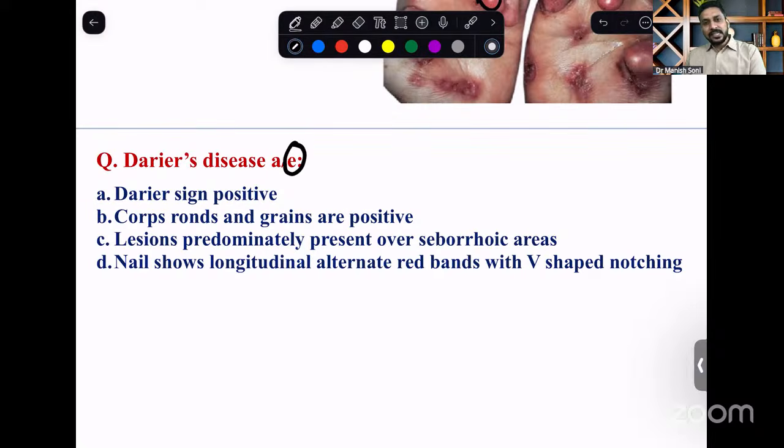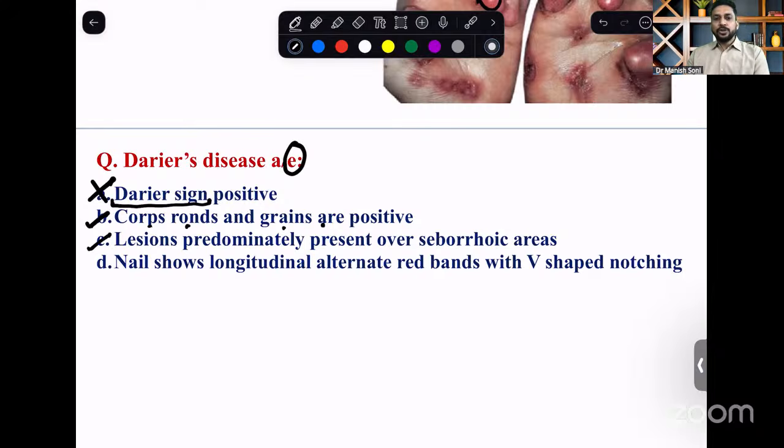Now, Darier disease is different and Darier sign is different. So remember that Darier sign is not seen in Darier disease. Corpse rounds and corpse grains are seen in Darier disease. Lesions are predominantly present over seborrheic areas. This is also correct about Darier's disease.